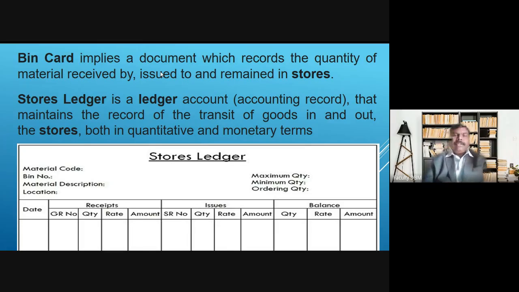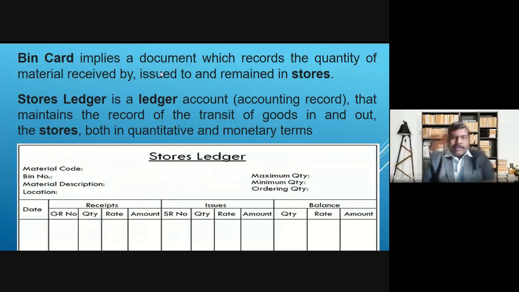Stores ledger is an accounting record that maintains the record of transit of goods in and out of the stores, both in quantitative and monetary terms. A typical stores ledger format you can see on the screen. That is material code, which specifies, as we saw in earlier classes on codification, the code of that particular item.